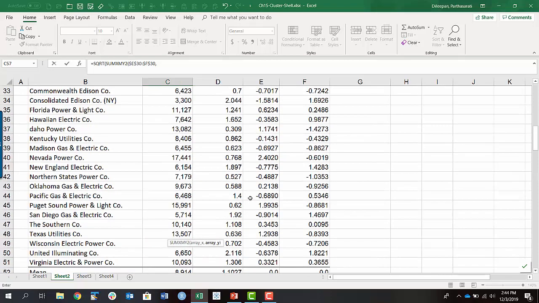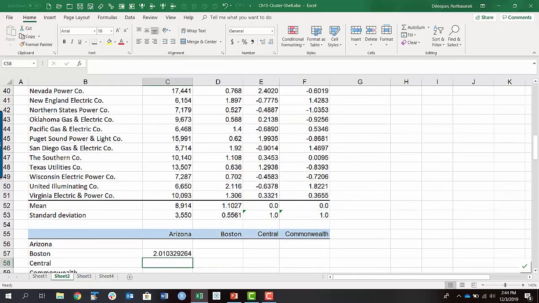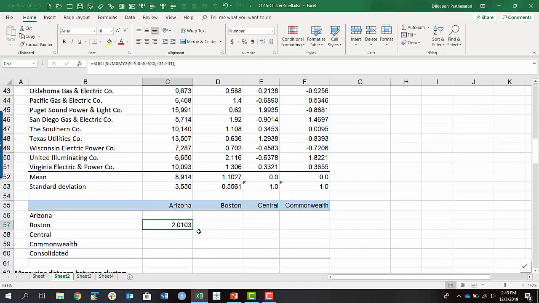Then the second one is Boston, right? So we're using only two variables for simplicity. So when we do this in SAS, we will consider all the variables and all the observations. Okay, so now two right parentheses, and we get the distance between Arizona and Boston. So now we copy that down and we get the rest of the distances.